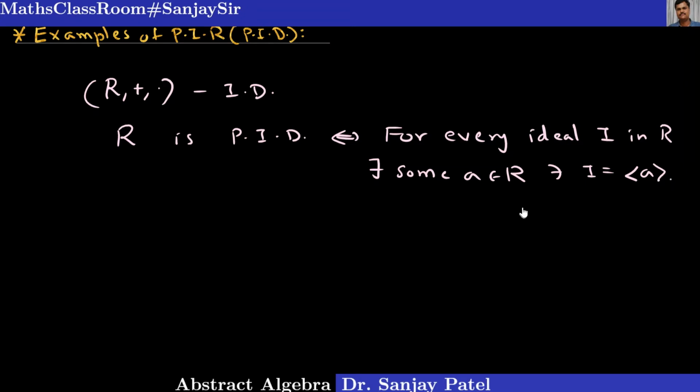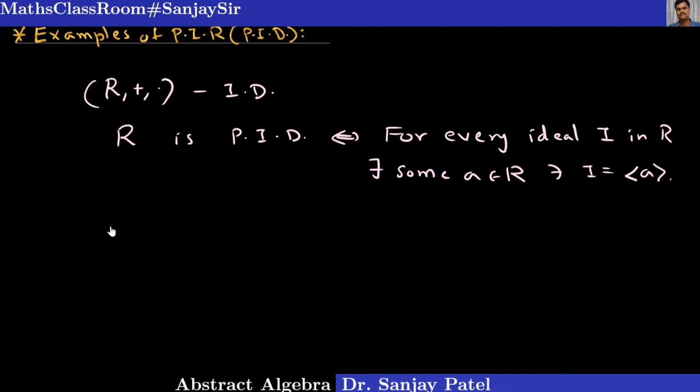In other words, every ideal is a principal ideal. So if you want to show that an integral domain is a P.I.D, just start with an arbitrary ideal I and show that the ideal I can be expressed in this form, meaning that the ideal I is generated by some element of the ring.